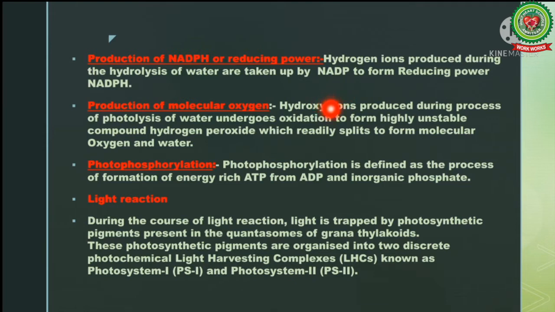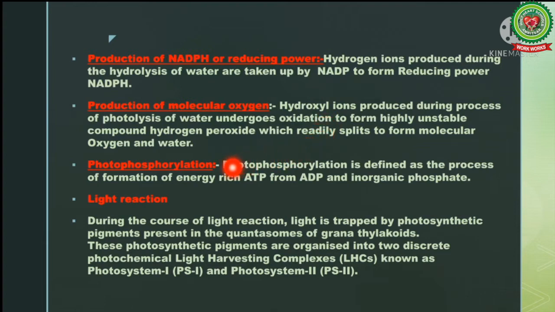Hydroxyl ions produced during the process of photolysis of water undergo oxidation to form highly unstable compound called hydrogen peroxide, which readily splits to form molecular oxygen and water. Hence, we can say that oxygen produced during the process of photosynthesis comes from water, not from carbon dioxide.